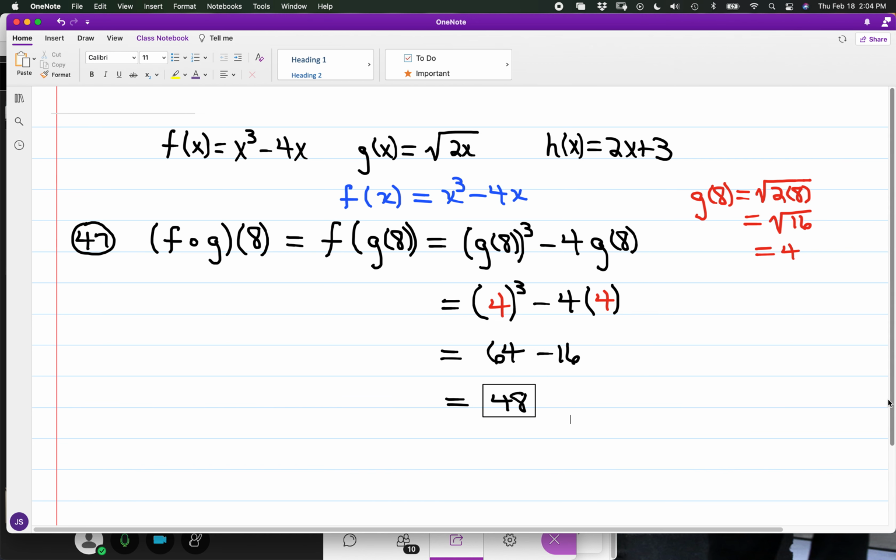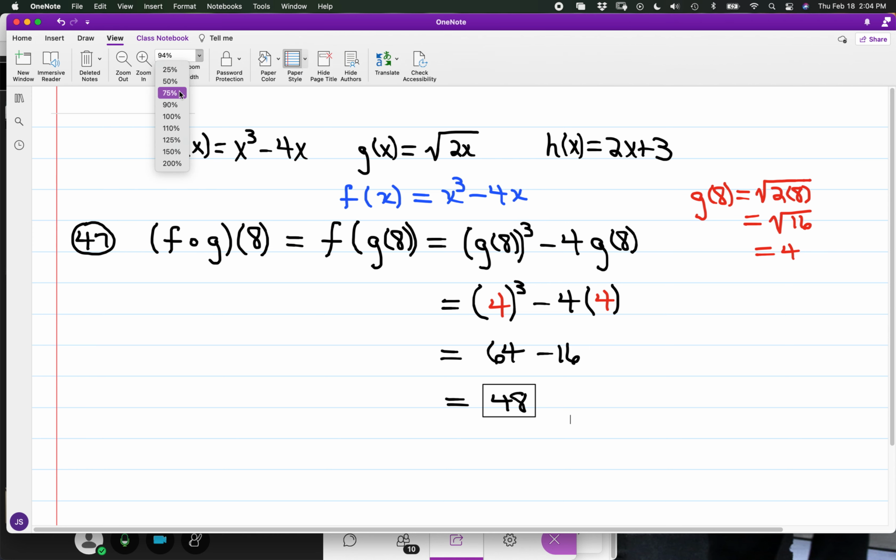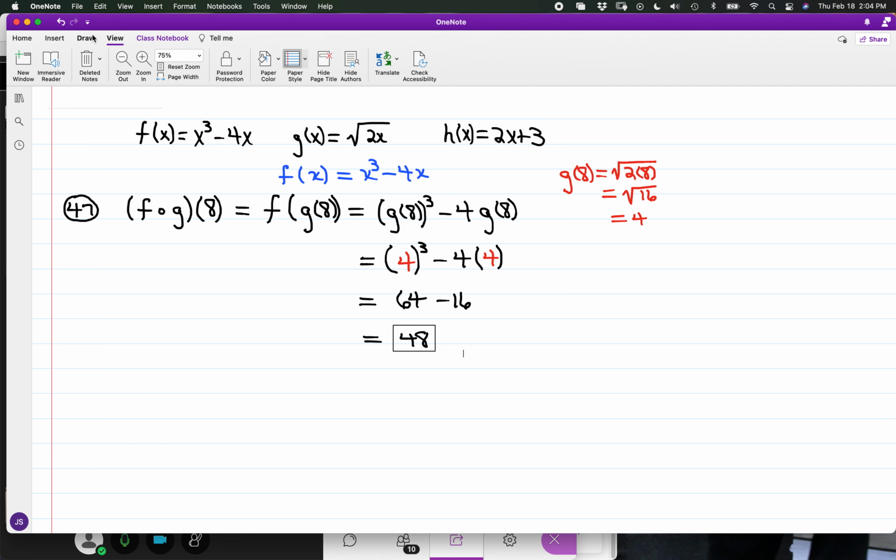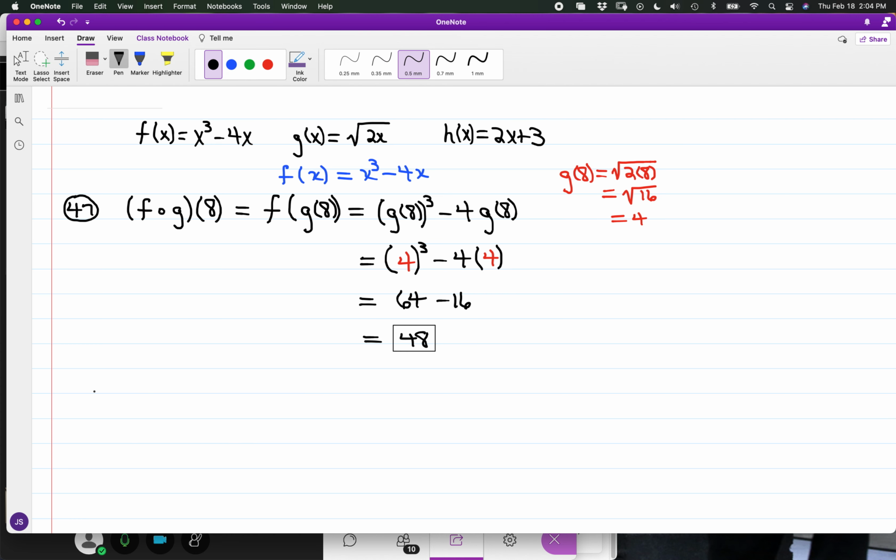Now with the same set of functions given, with number 48 and the next composition, we have h of g of 2, h composed with g of 2.